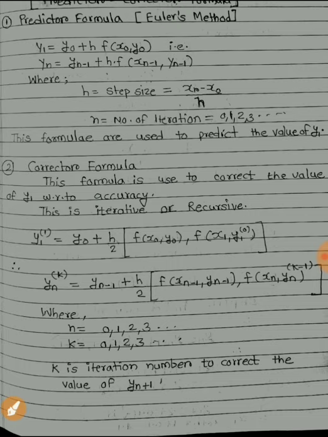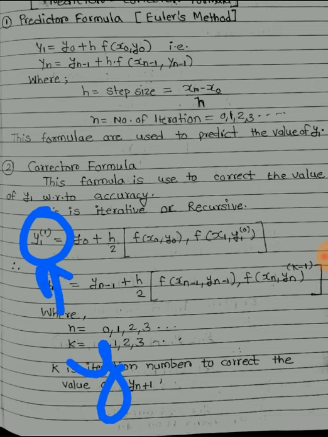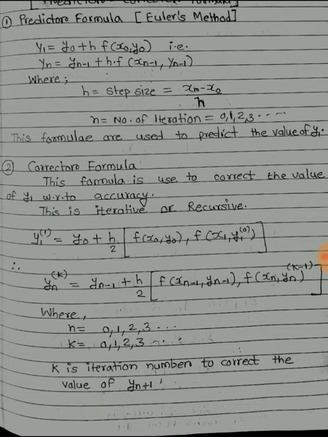So this formula states that the corrective formula for Euler's modified method is y1 of 1, or y1 raised to power 1, equals y0 plus h by 2 in bracket f of x0, y0, comma f of x1, y1 raised to 0.